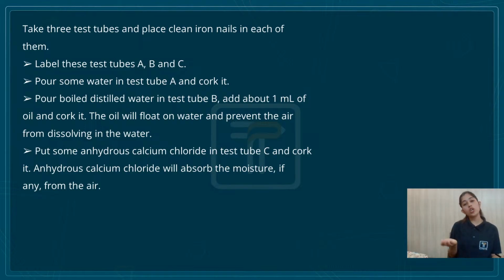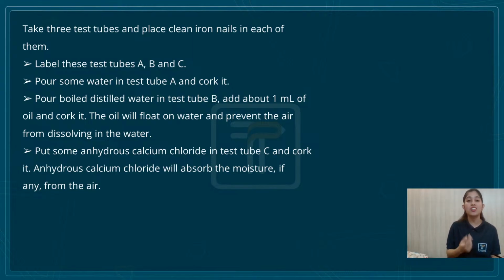The oil will float on water and prevent the air from dissolving in the water. Oil will float above your water, so air cannot come inside and cannot touch your iron nail. Then put some anhydrous calcium chloride in test tube C. We discussed anhydrous calcium chloride in the MCQs yesterday too.